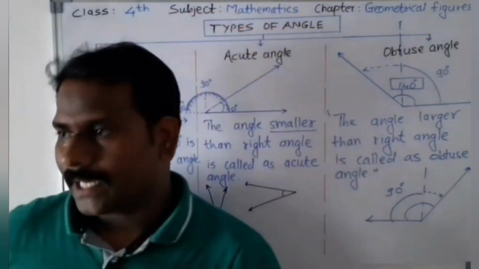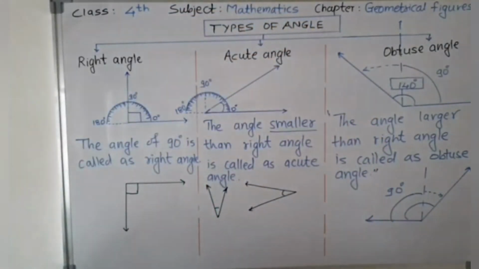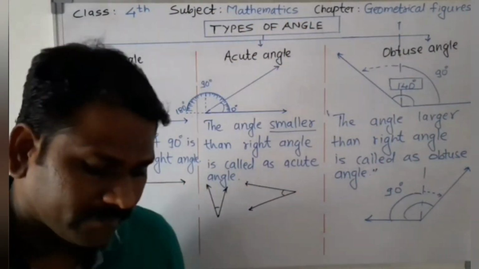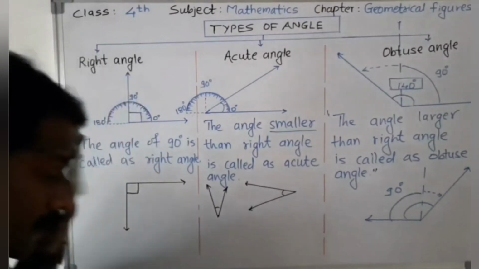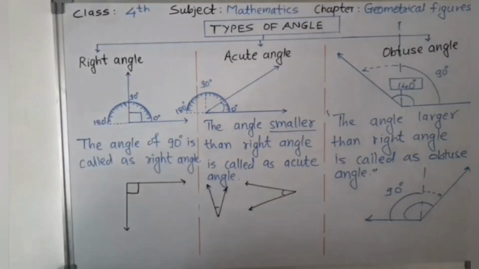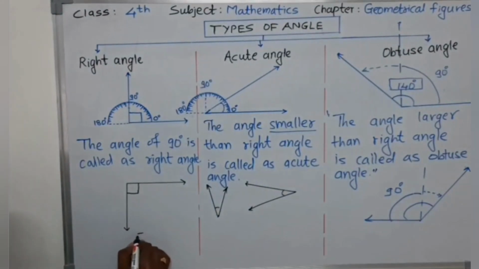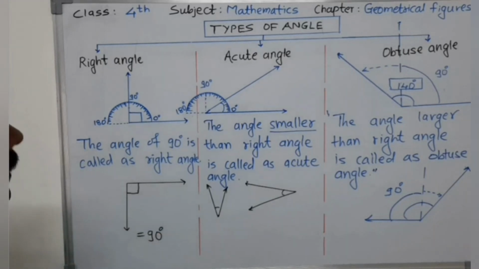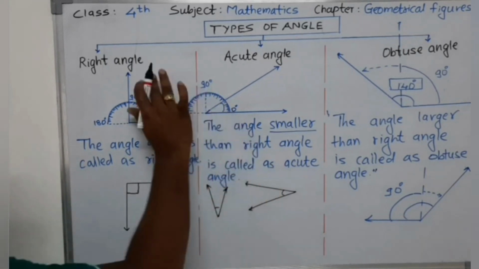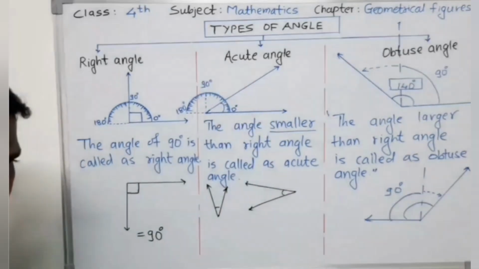Okay, so now let's compare the angles with the help of numbers. We know that right angle has measurement which is exactly equal to 90 degree. Then what is the comparison of right angle with acute angle?